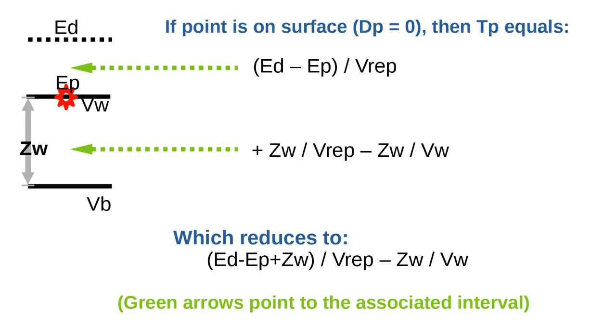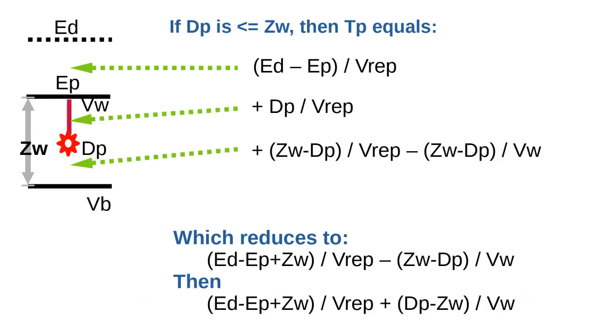So here, if a point is on the surface, then the depth equals 0, and the static is computed by these equations, which reduce to what is seen below. Green arrows point to the associated interval for the calculations. Now, if the depth is less than or equal to the weathering thickness, then the static equals this equation, which reduces to the equation at the bottom.